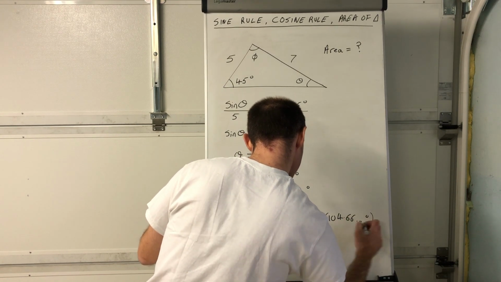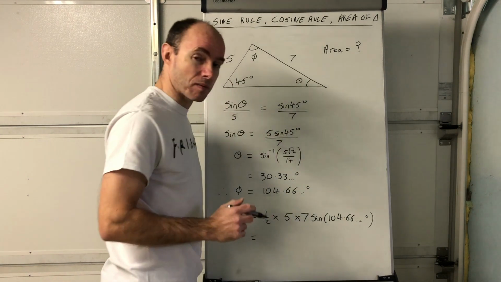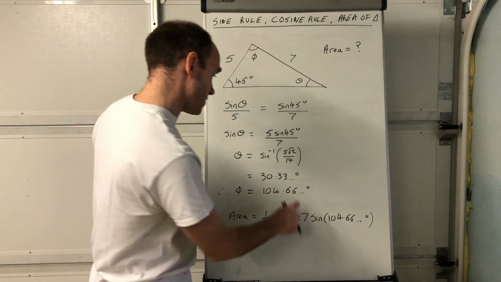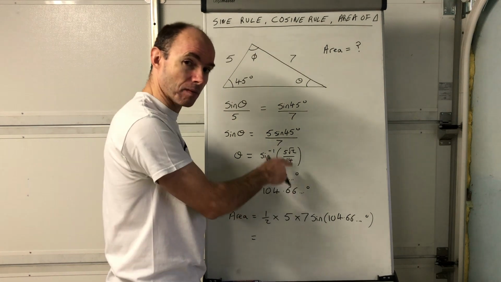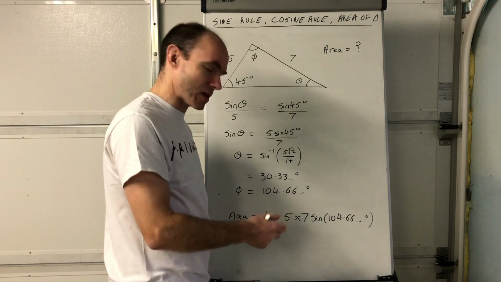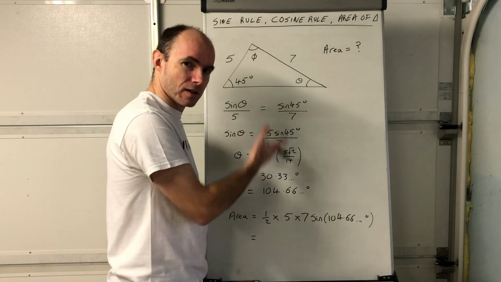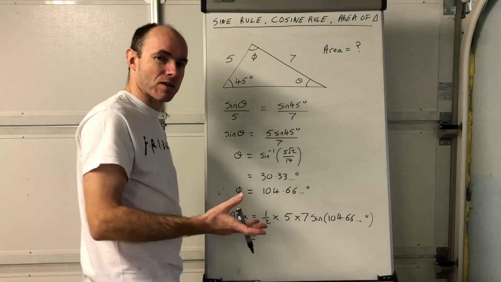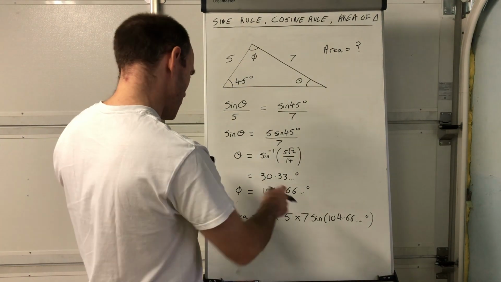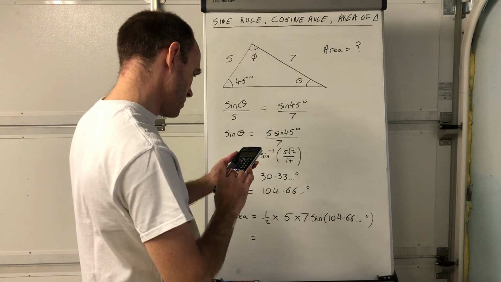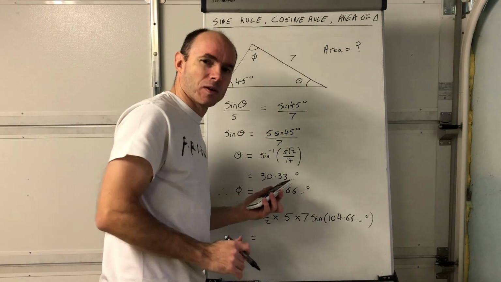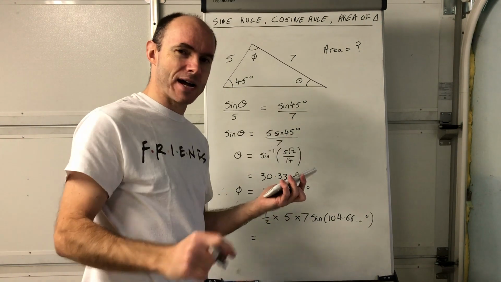Just before I work that out, notice I'm using the exact values in each case. The dot dot dot there means I'm not rounding it, I'm using the exact value, because if you start rounding too early, your final answer is not going to be as accurate as you might want it. So I'm going to type in sine of that first of all, and those of you who've not noticed, I've not reset my calculator at one single stage.